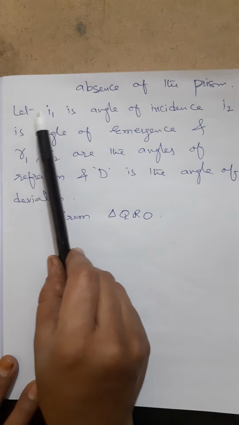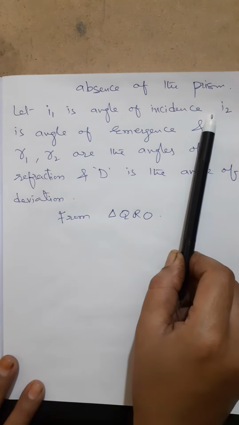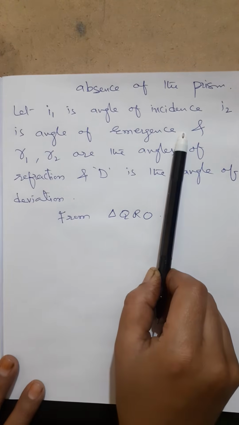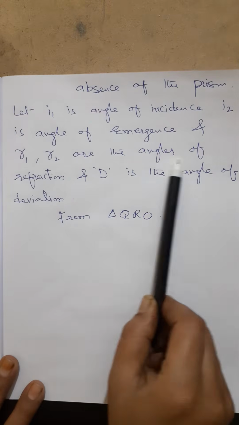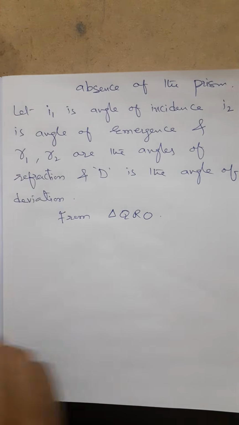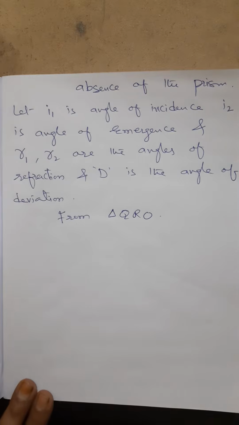Now let i1 be the angle of incidence and i2 be the angle of emergence, r1 and r2 be the angles of refraction, and D is the angle of deviation.